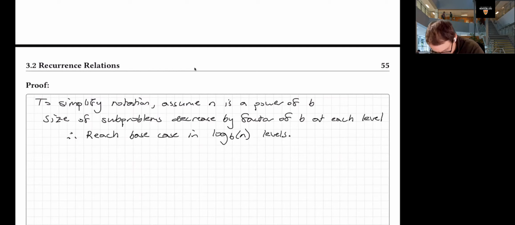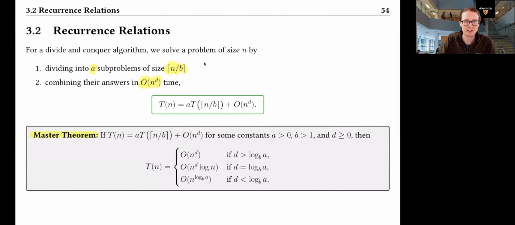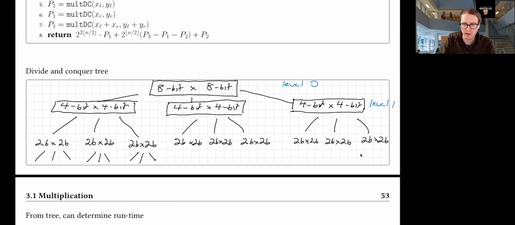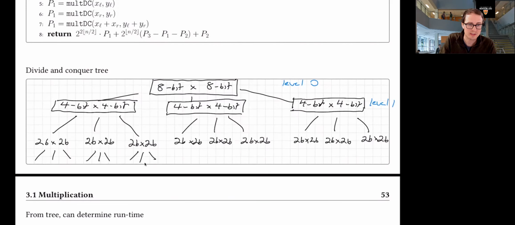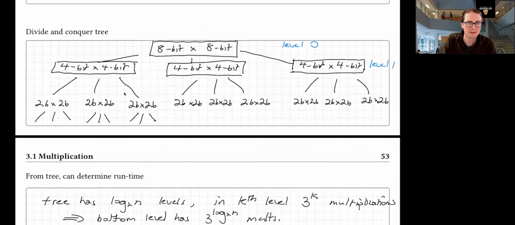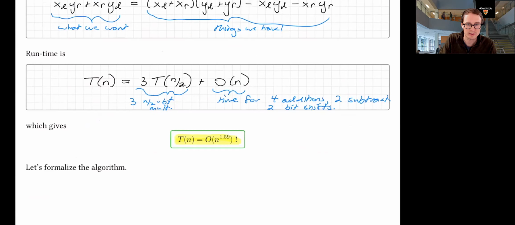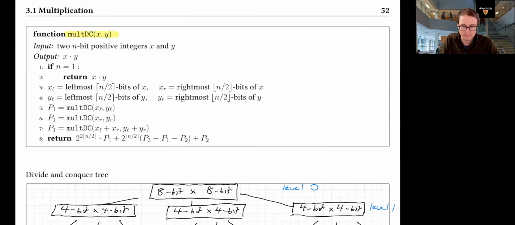This is the height of the divide and conquer tree. When we wrote out this tree above, the number of levels in this case was log base 2 of n, because b in this case was 2. In general, when it's b, then it's log base b of n.